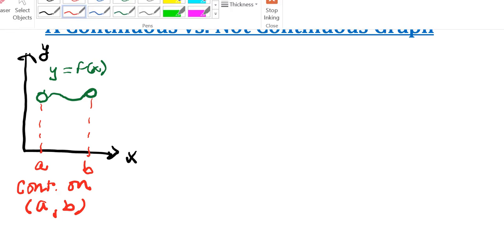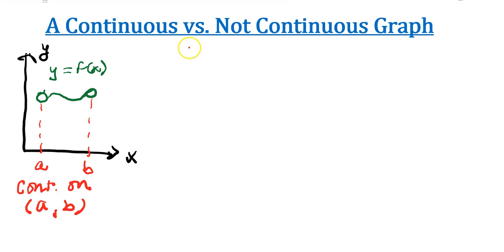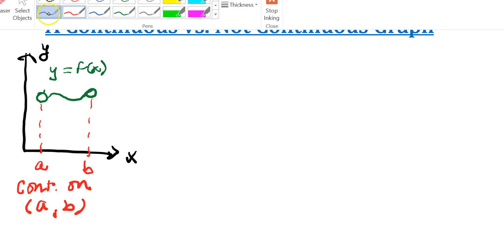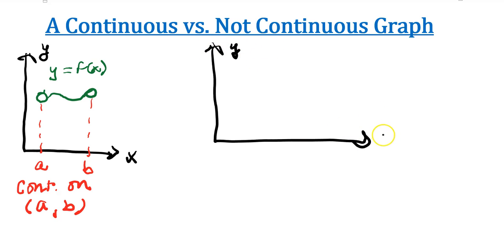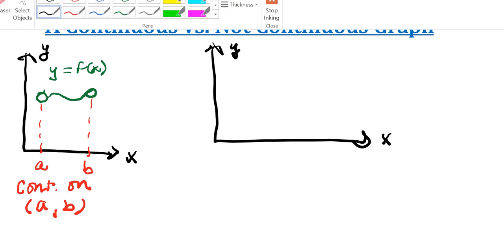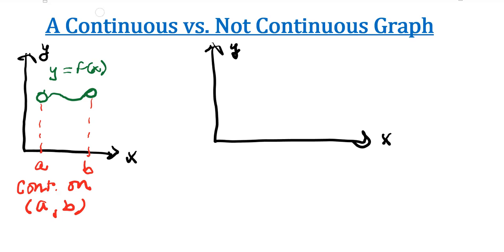I'm going to draw you another graph over here, which is going to be a little bit more complicated looking. Again, though, positive x and y axis. And this graph is going to have a couple different components.